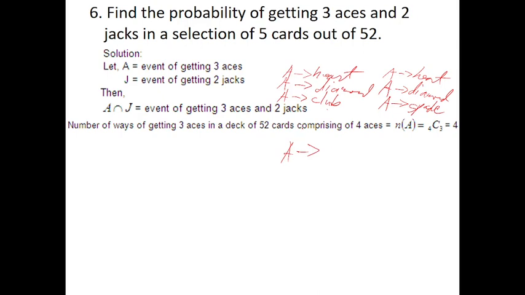Heart, sasabihin ko na lang, no? Heart, diamond, club, first way. Second way, heart, diamond, spade. Okay?